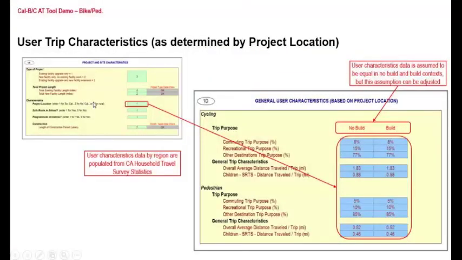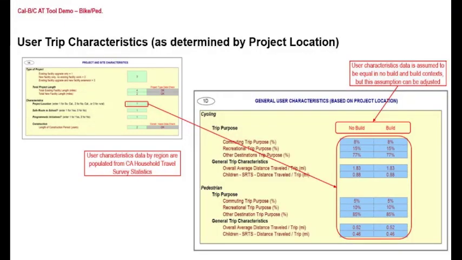So we got what the trip purposes are for the active transportation modes split out by bike versus pedestrian and by region. When you pick the 1, 2, or 3 here, the Southern California, Northern California, rural, just like you would do in the regular Cal-BC model, it then goes to that data and self-populates what the trip purpose is.